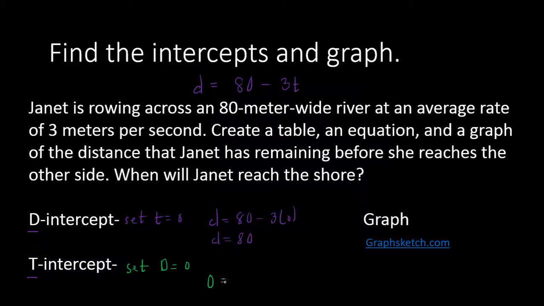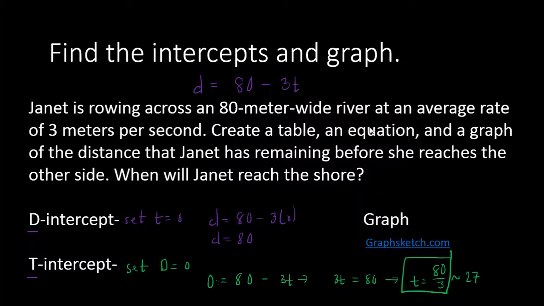So when d equals 0, I just get 80 minus 3t, which is 3t equals 80. So t equals 80 over 3, which is about 27 seconds. Not exactly, right? So t exactly equals 80 over 3, which is about 27 seconds. So it's going to take Janet about 27 seconds to reach the shore.